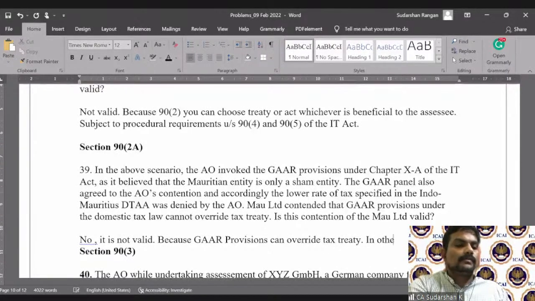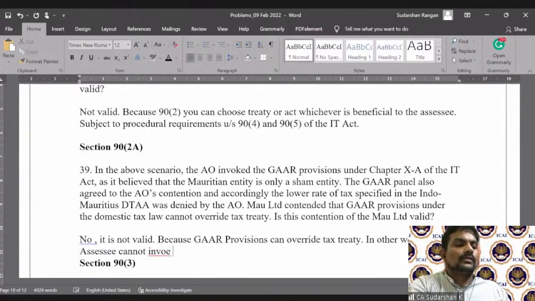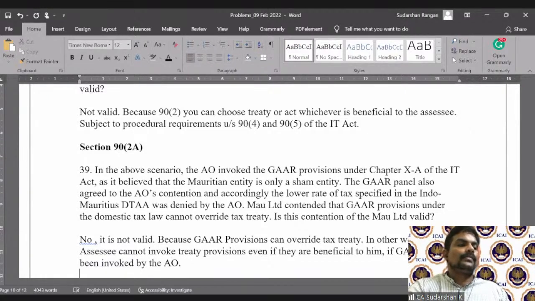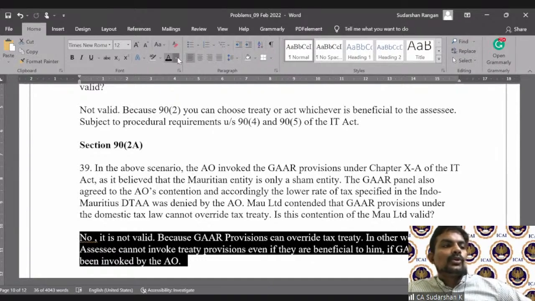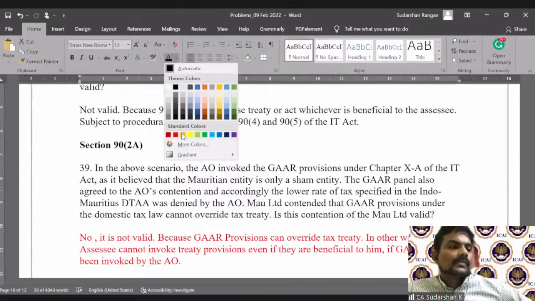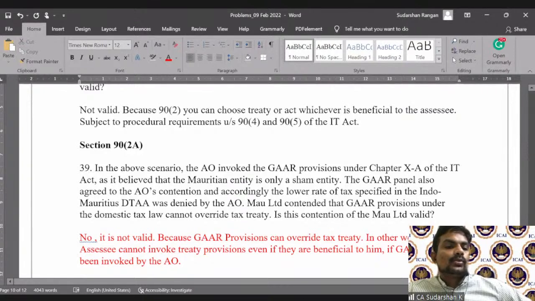In other words, the assessee cannot invoke treaty provisions even if they are beneficial to him if GAAR has been invoked by the AO. So GAAR basically gives a tool to the assessing officer so that people don't misuse tax treaties and do treaty shopping.